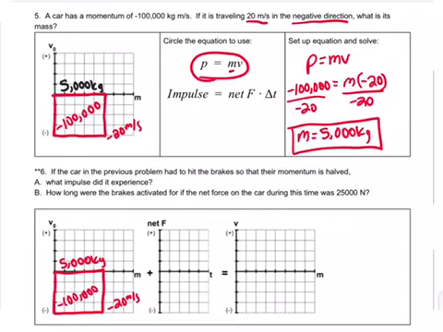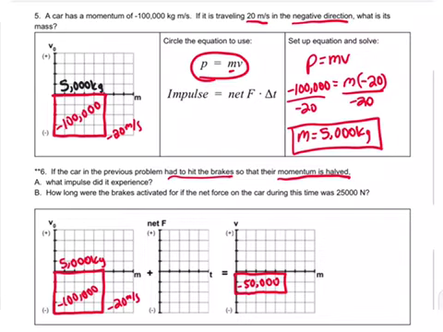Something happened to the car. Namely, it hit the brakes and then its momentum got halved. So here's a clue we can use to determine the momentum of this car afterwards. It's half. Half of negative 100,000 is negative 50,000.